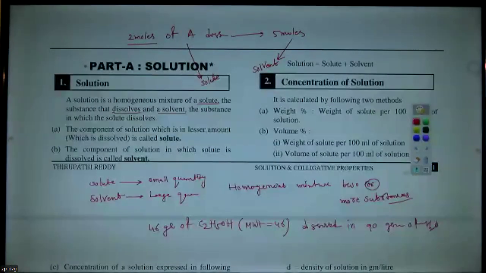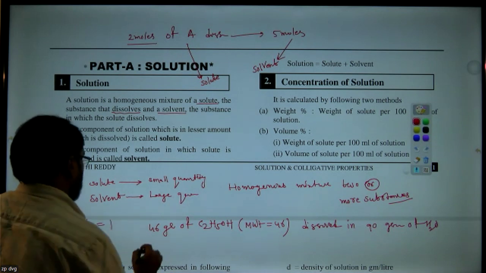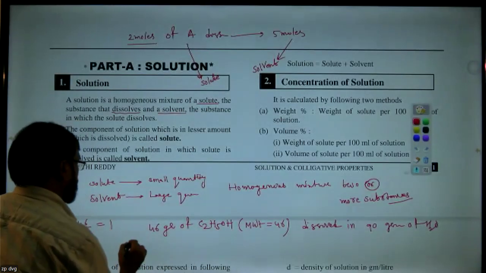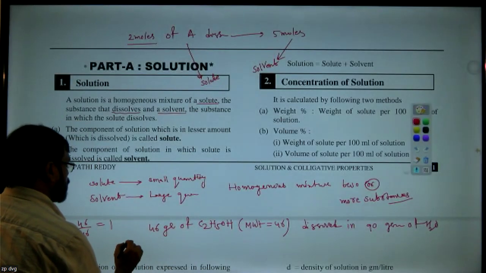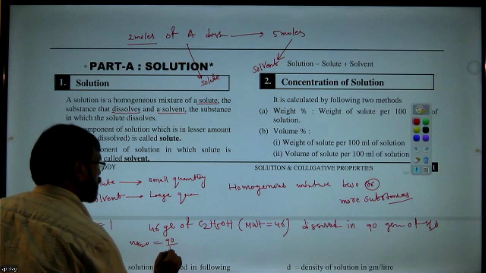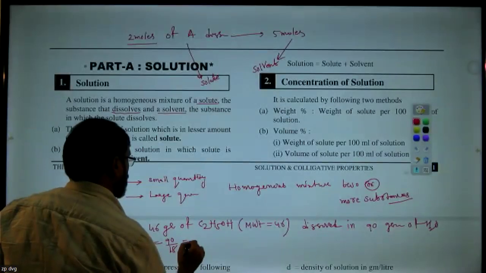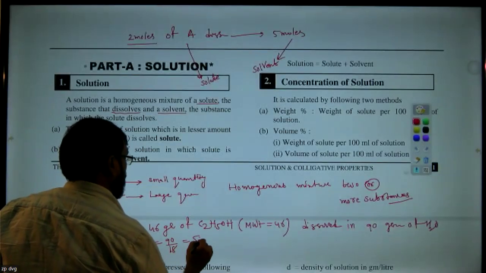Let us see. 46 grams of ethyl alcohol. To get the number of moles, what formula are we using? 46 divided by 46 is equal to 1 mole. Next, the number of moles of water is equal to 90 divided by the molecular weight of the water, 18. 90 by 18 is equal to 5 moles.